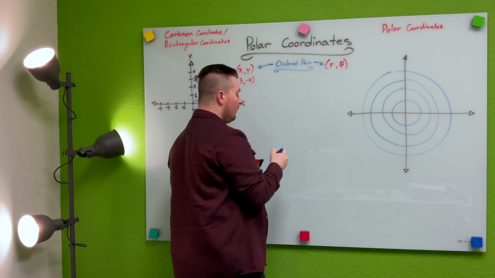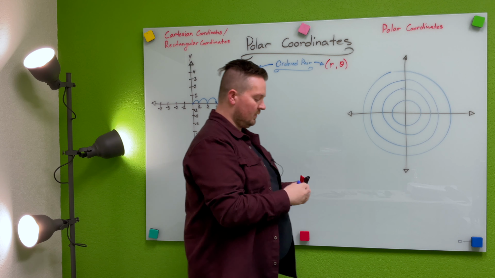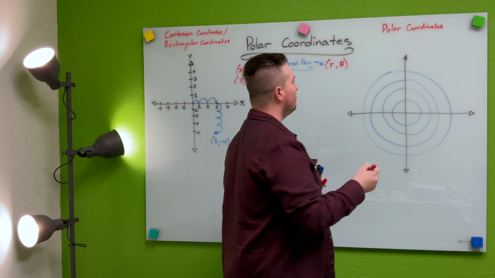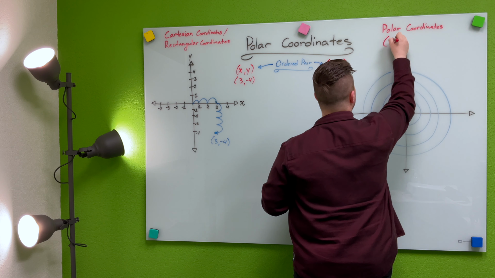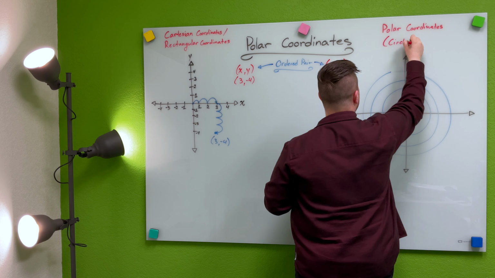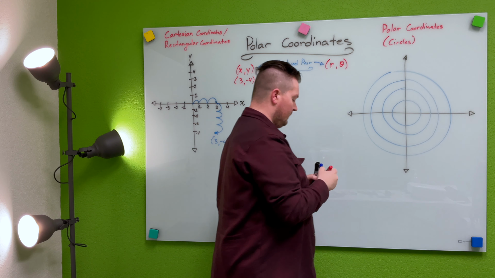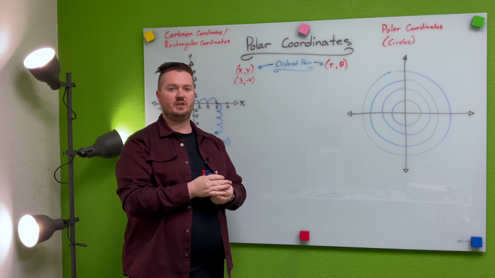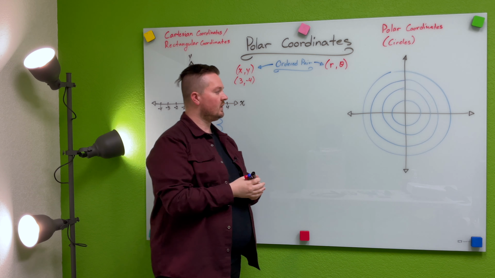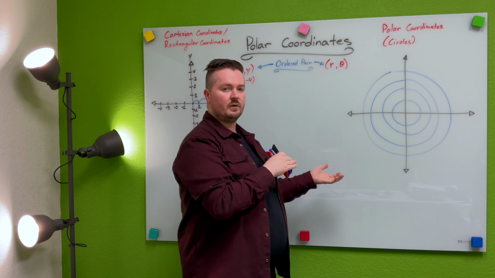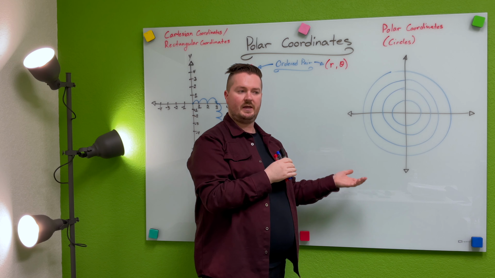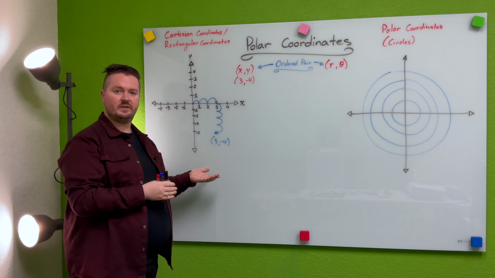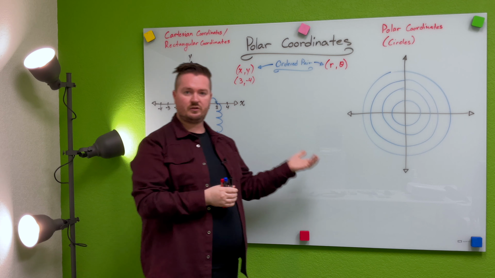So polar coordinates: it's a coordinate system that's designed to work nicely with circles. Often when you get to math, say in trigonometry, sometimes geometry, we start to talk about shapes that really focus on circles, and we realize that the most natural coordinate system is not a rectangular coordinate system when we're talking about circles.